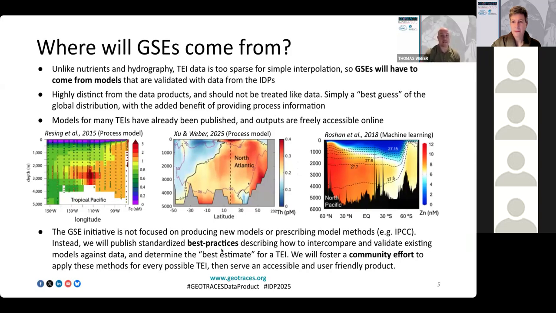Instead, we'll simply be aiming to make the most of what's already out there by developing best practices for how to compare and validate the existing models for a given TEI to determine the best estimate of its global distribution. We'll then foster a community effort to apply those methods to as many TEIs as possible and compile the results into a user-friendly product. I'll now hand over to Zana for a little more detail on that process.